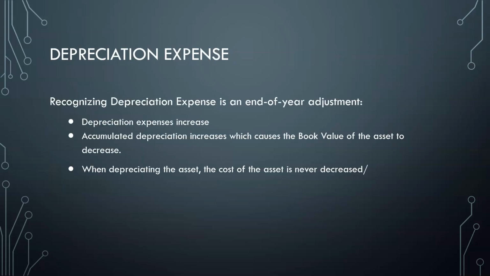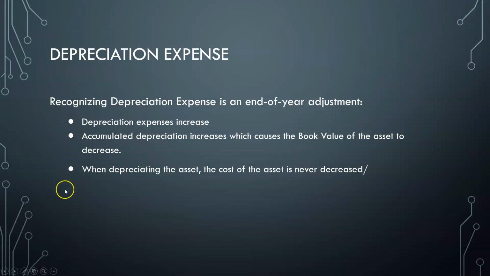When we recognize depreciation expense, it is a year-end adjustment. When we're recording depreciation expense, depreciation expense increases, and an account called accumulated depreciation also increases. And accumulated depreciation causes the book value to decrease.